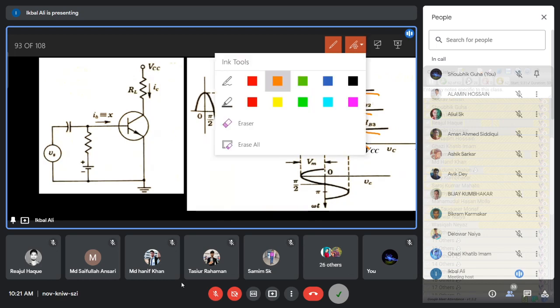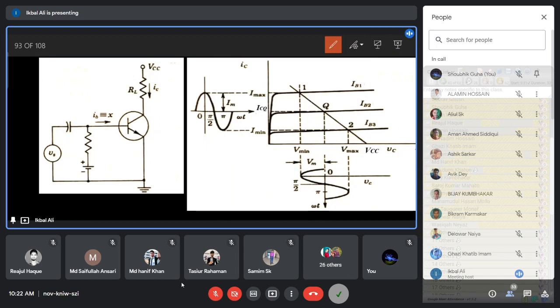So that is the load line, and the Q point is here. This is the DC base current IB2 flowing through the base of the transistor, and this ICQ amount of DC collector current is flowing through the transistor collector.